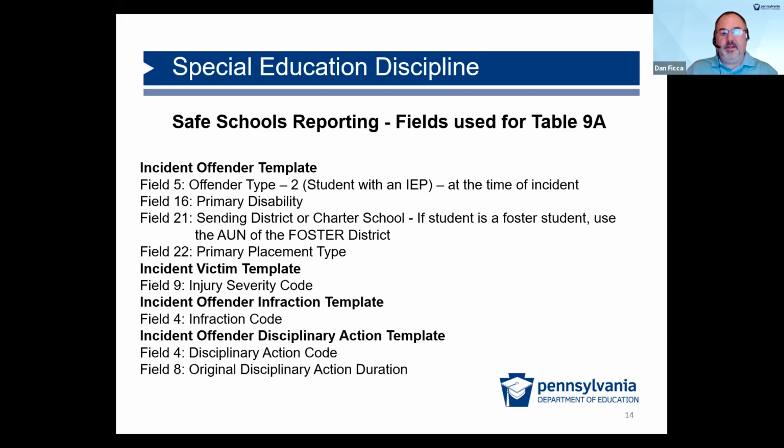The big one is student with an IEP. So that's the comparison that was sent to all the IU data managers, who then sent them to the special ed staff at the local LEAs. If you did not get that, you can contact me, or you can contact your IU data manager and they'll make sure you get that.